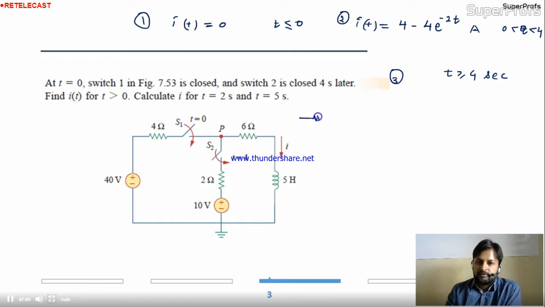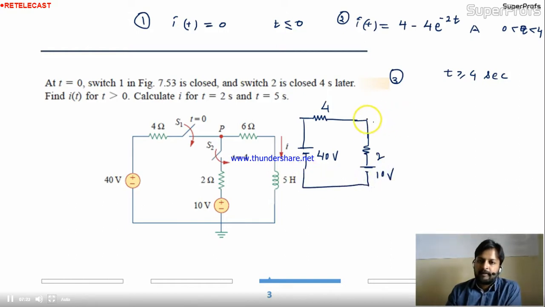So your new circuit will be with S1 closed. This is 40 volt. Fine. We are closing this. We are getting 2. This is 10 volt. And like this. 6.